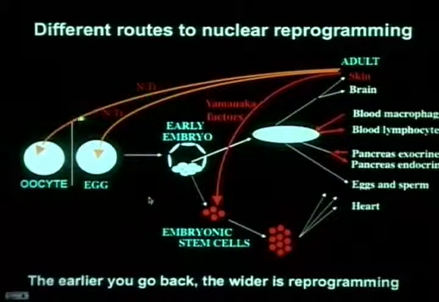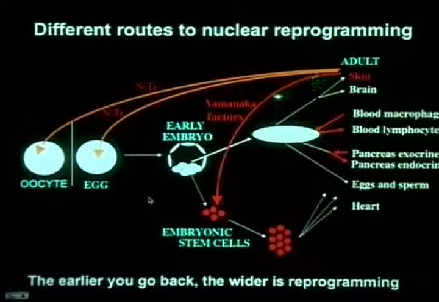This really sets everything right back to the beginning of life, and you would have to go from the oocyte to egg to then let it progress along these normal differentiation routes. The Yamanaka iPS route, of course, goes from adult directly to embryonic stem cells, and hence to a range of these different cell types.